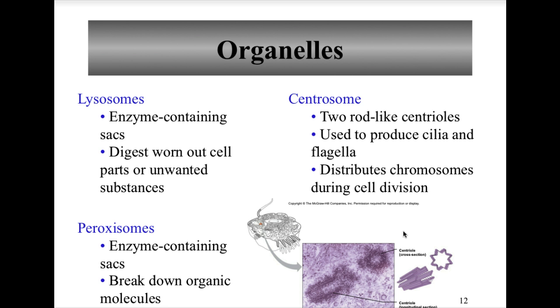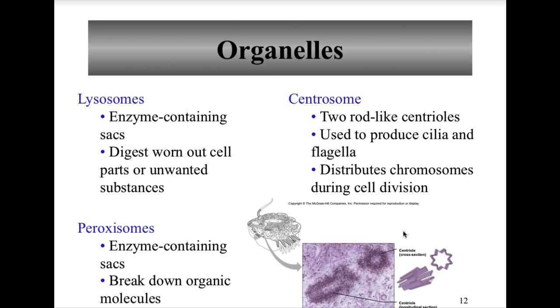Peroxisomes are membranous sacs that contain oxidase enzymes. If you remember, peroxisomes are going to play a role in detoxification of harmful or toxic substances. Peroxisomes would detoxify things such as alcohol, formaldehyde, oxygen-free radicals, which are bad to the body.